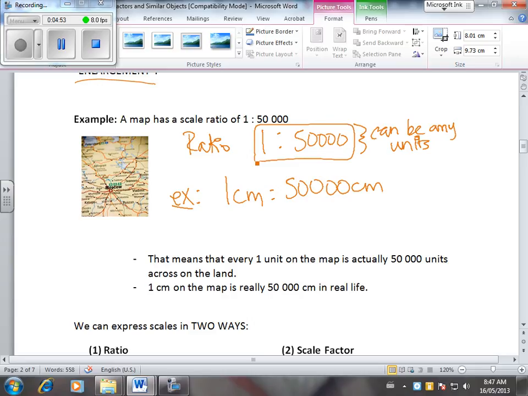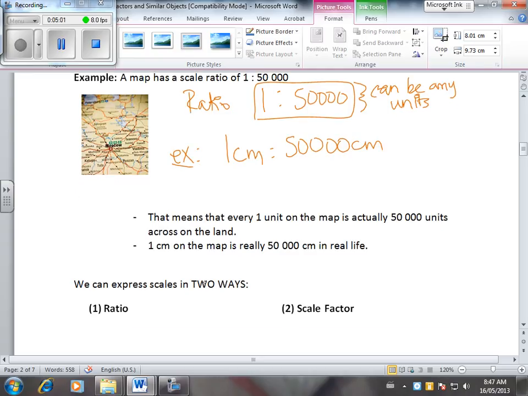So either they have to have the units included, or you would have to measure them yourself. And so the 1 centimeter would be on the map. So 1 centimeter on the map, or the diagram, or the photo, or whatever you're working with, would equal 50,000 centimeters in real life.